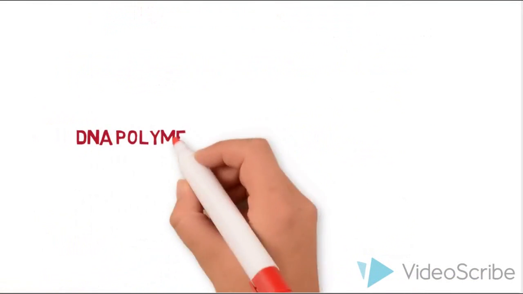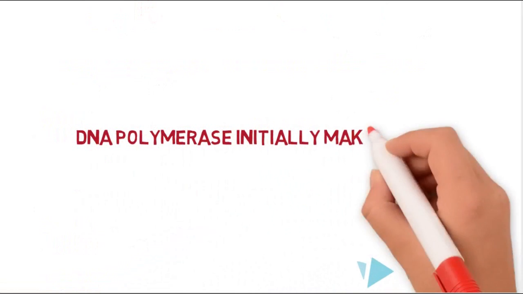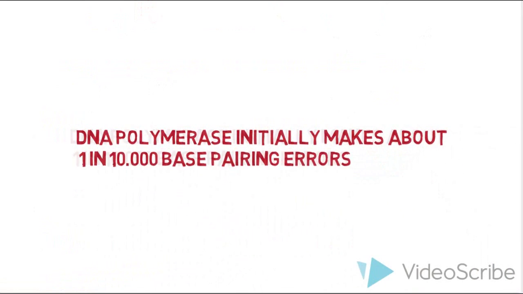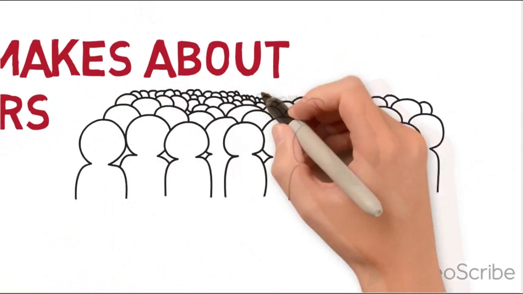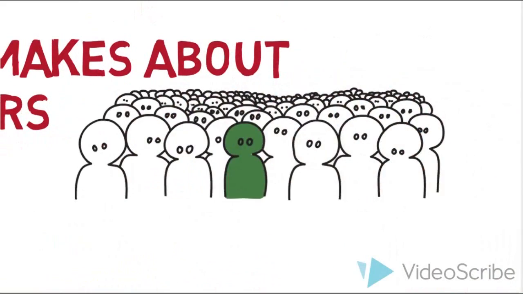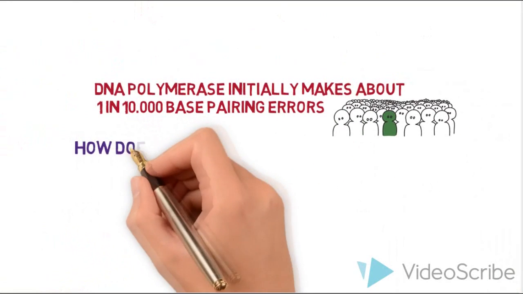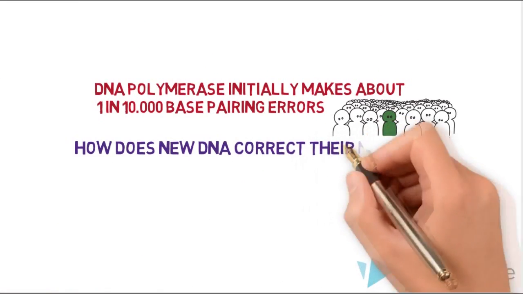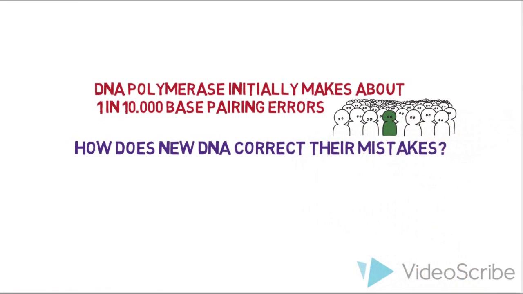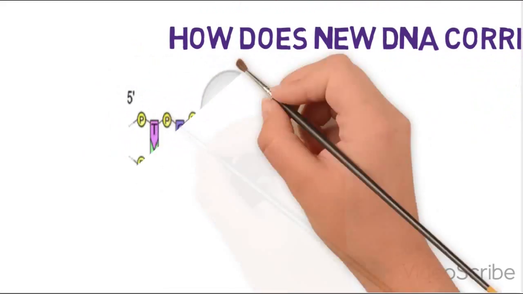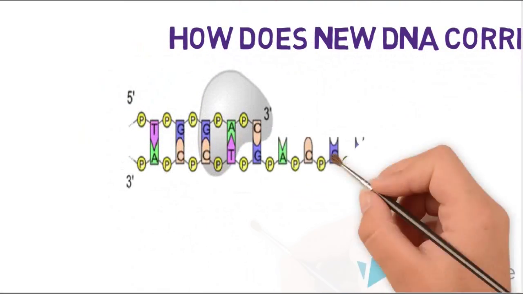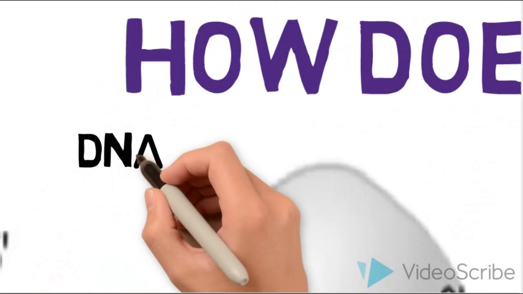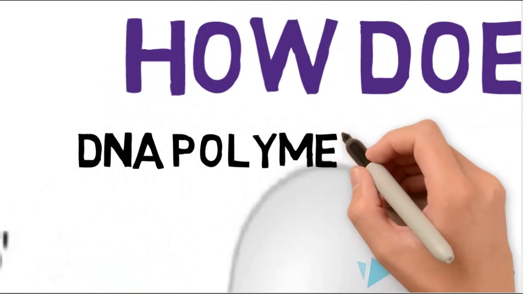DNA polymerase initially makes about 1 in 10,000 base pairing errors. So here you see a different kind of DNA replication, and you see one base is an error. So the question is: how does new DNA correct its mistakes? Is it possible? Here you see a little piece of DNA replication and also DNA polymerase, which added nucleotides.